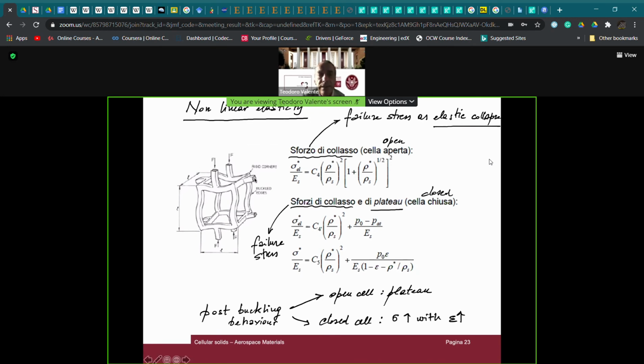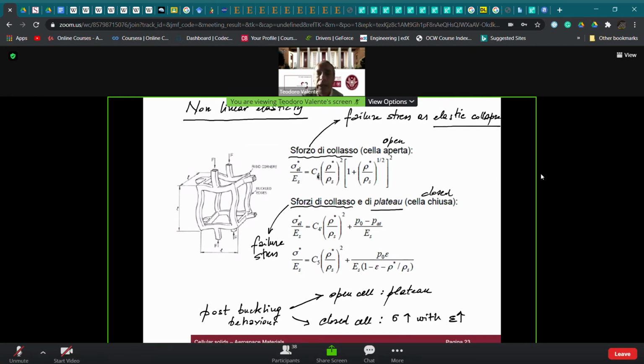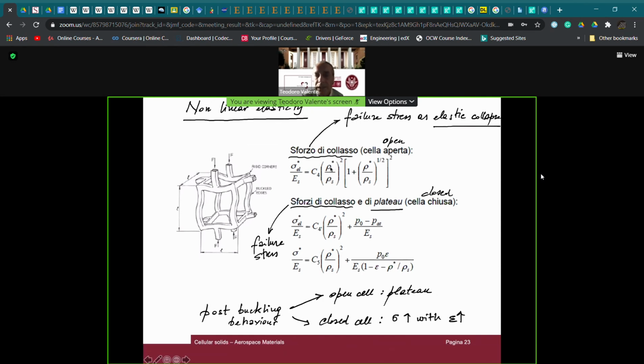In the case of open cells, the limit elastic stress for buckling divided by the Young modulus of the corresponding bulk materials, ES, is again a very complicated function, apart from this coefficient C4, which is again tabulated, of the ratio between the mass density of cellular solids and the mass density of the corresponding bulk materials.